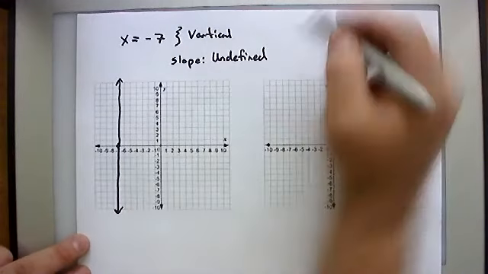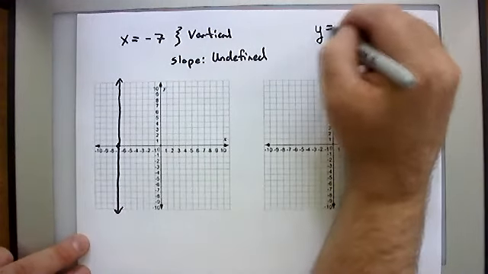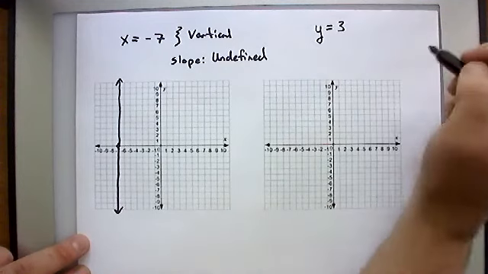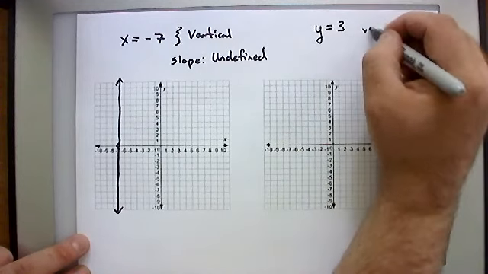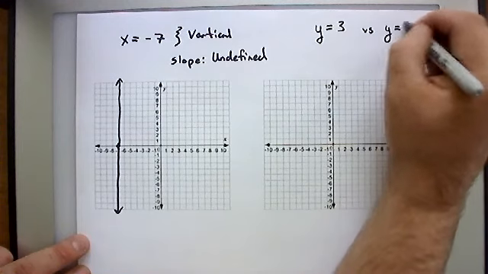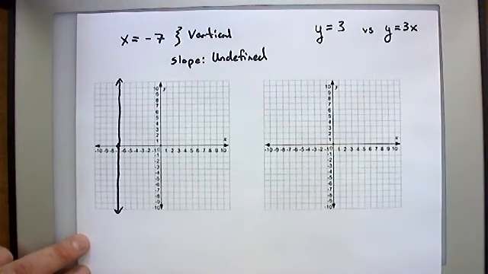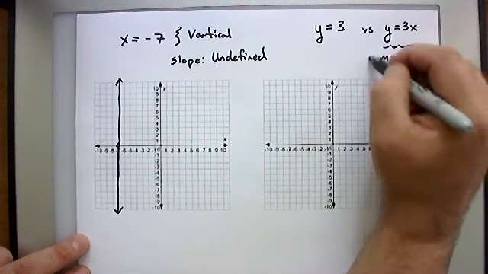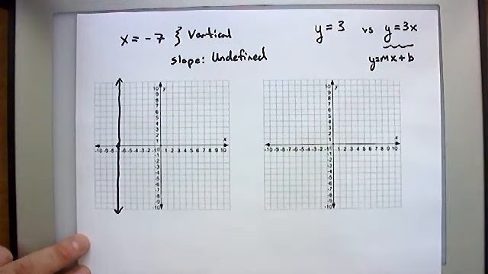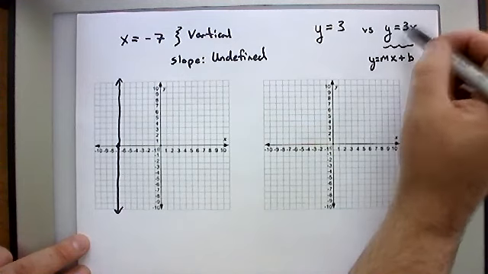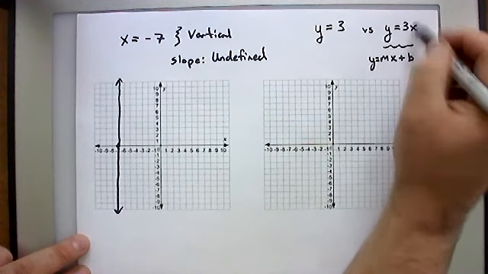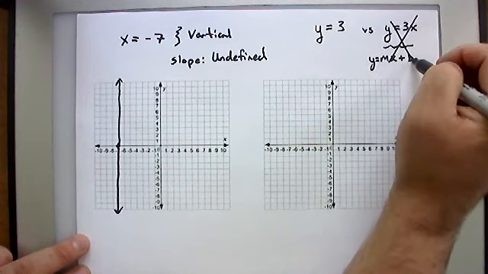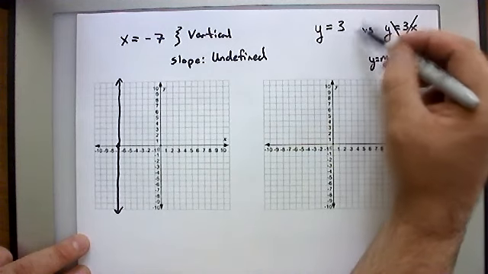That's the key. Over here, let's say I said y equals 3. Remember, this is not the same as y equals 3x. That is y equals mx plus b, because you could put a plus 0, 3x plus 0, and that's mx plus b. That is not what's happening here. Here, this is y equals 3. There is no x.